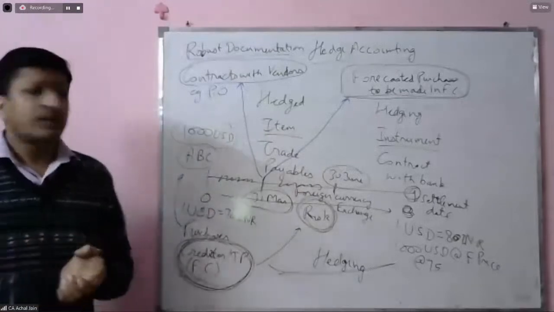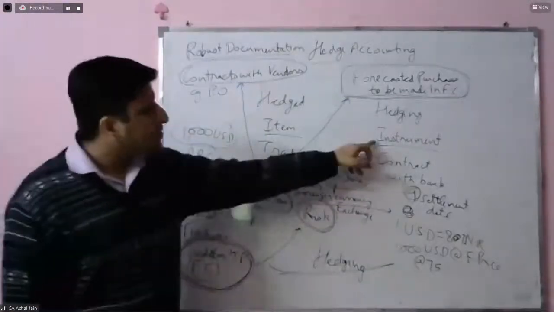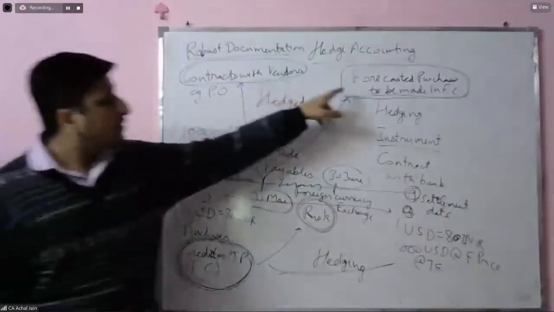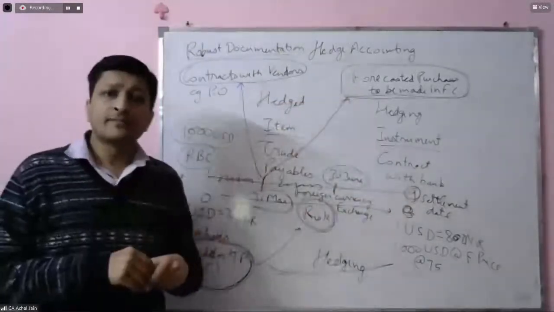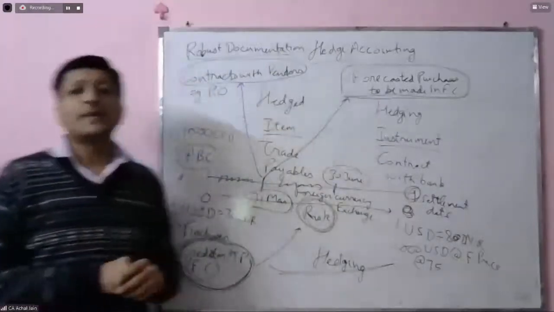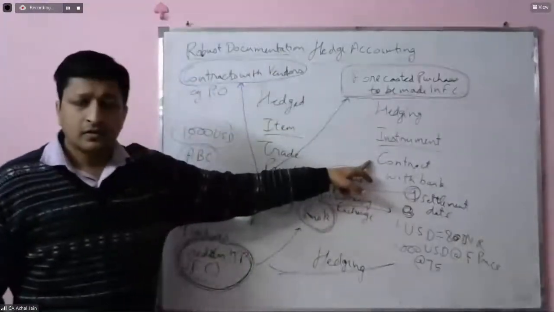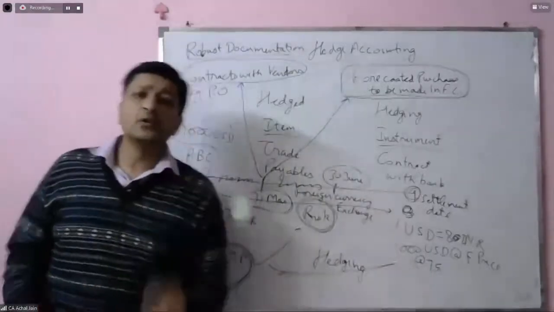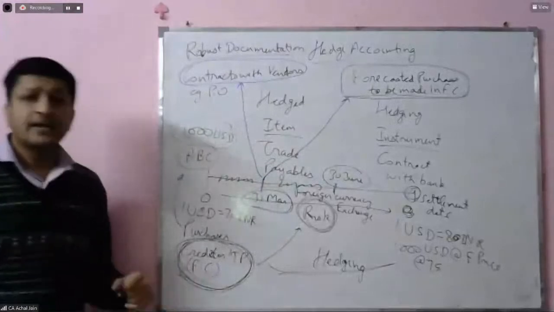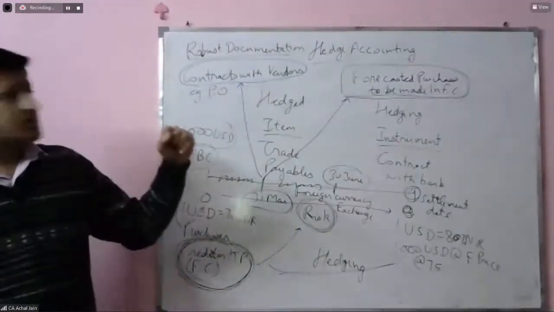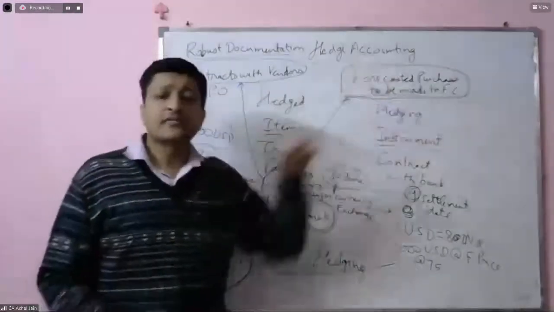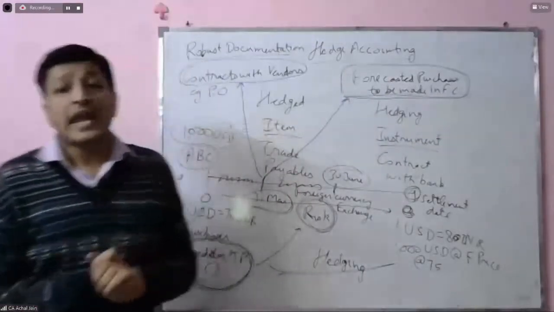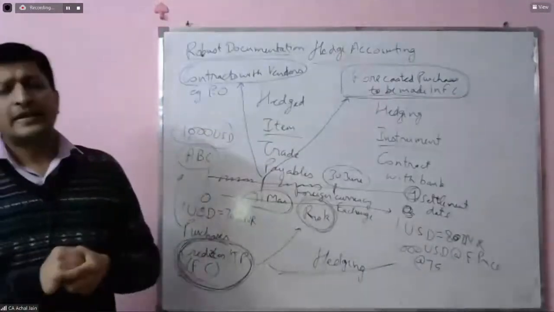Now, how do we identify that this hedging instrument will take care of this, or maybe all of them? Do we have any one-to-one mapping of the contract or of the purchases of USD which the entity will do from the bank against trade creditors, against contracts, against the POs and against the forecasted purchases? This is something which is required to be analyzed very carefully by the entity.